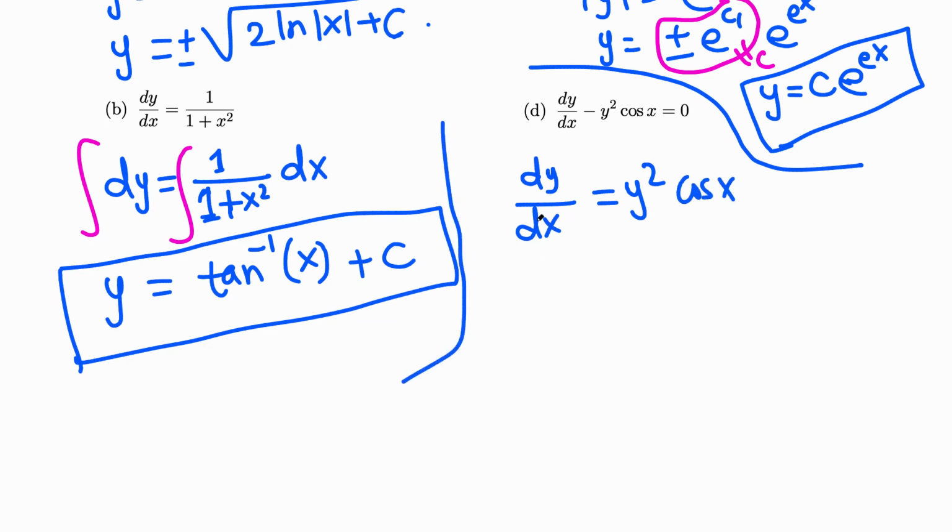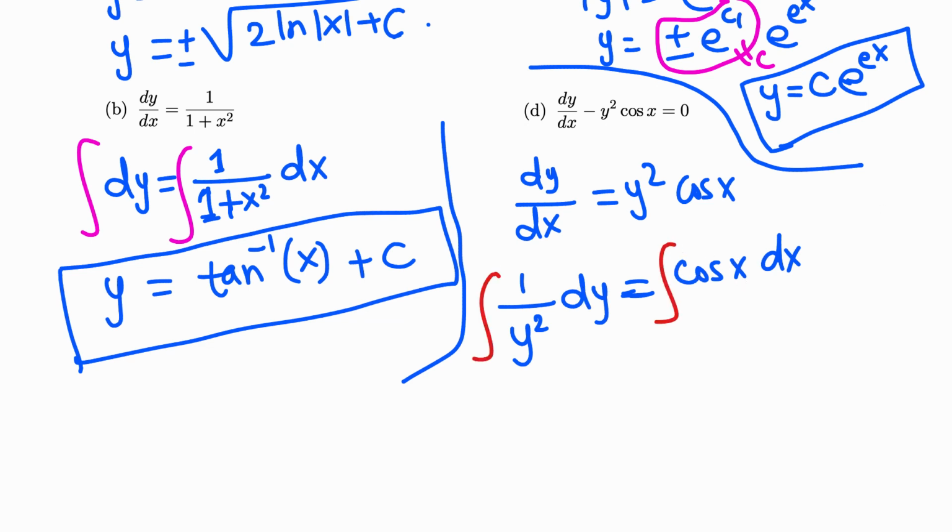Now this dx should be moved to the other side and y squared to the left side, basically separating variables. Y squared brought to the left becomes 1 over y squared. I'm just going to leave dy; we should never write dy on the bottom, it doesn't help. Now dx to the other side, with cosine x already there. Now we separated the variables: a function of y dy, a function of x dx.